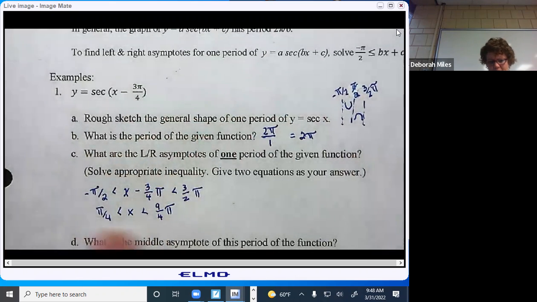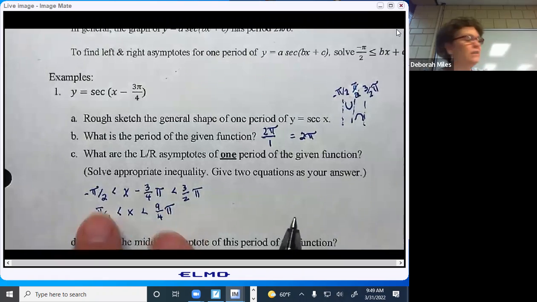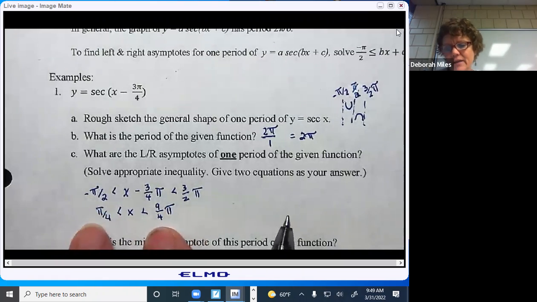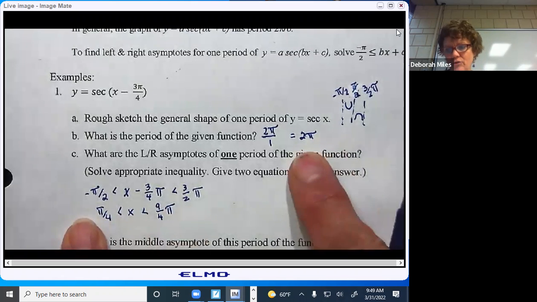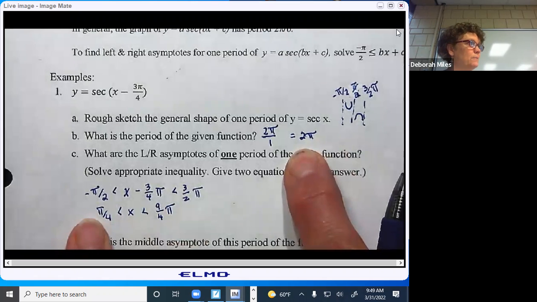And then what's my nice built-in check right here? Actually, you subtract to see if you get 2 pi. You're looking for the length of this interval, and to find the length of the interval, you subtract. So 9/4 minus 1/4 is 8/4. Sure enough, that's 2, like I knew it should be.